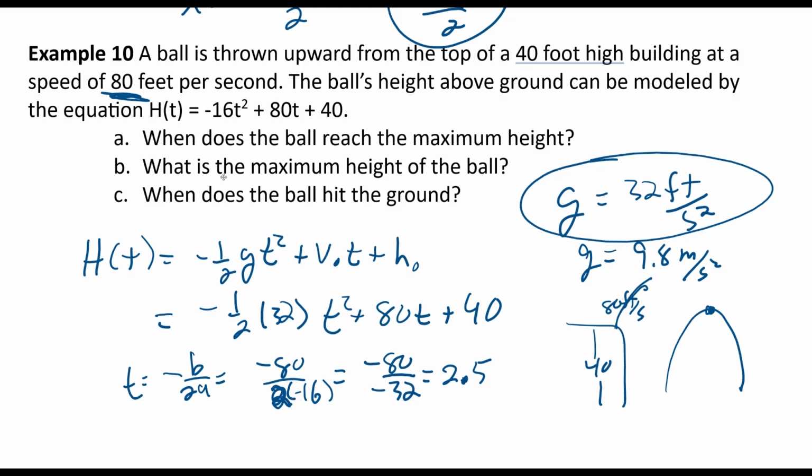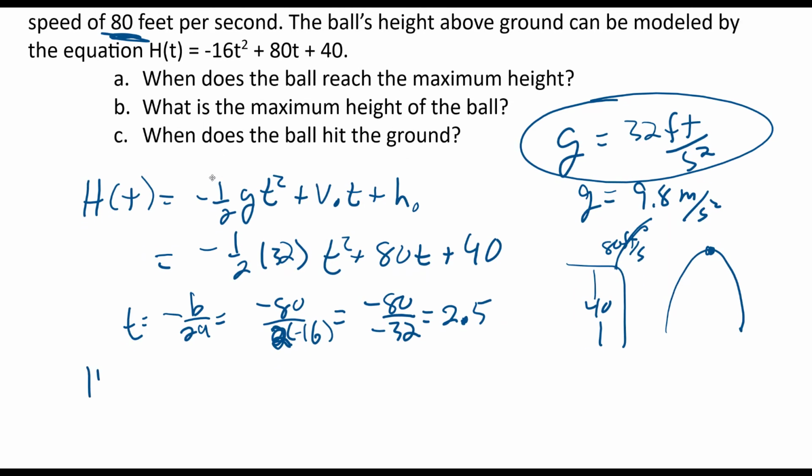And then what is the maximum height? So what is h of 2.5? That's negative 16 times 2.5 squared plus 80 times 2.5 plus 40. What would that be?